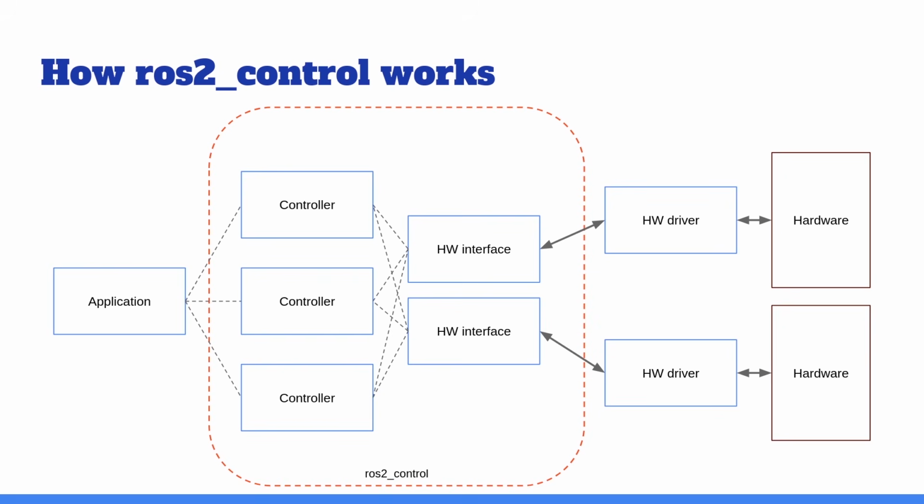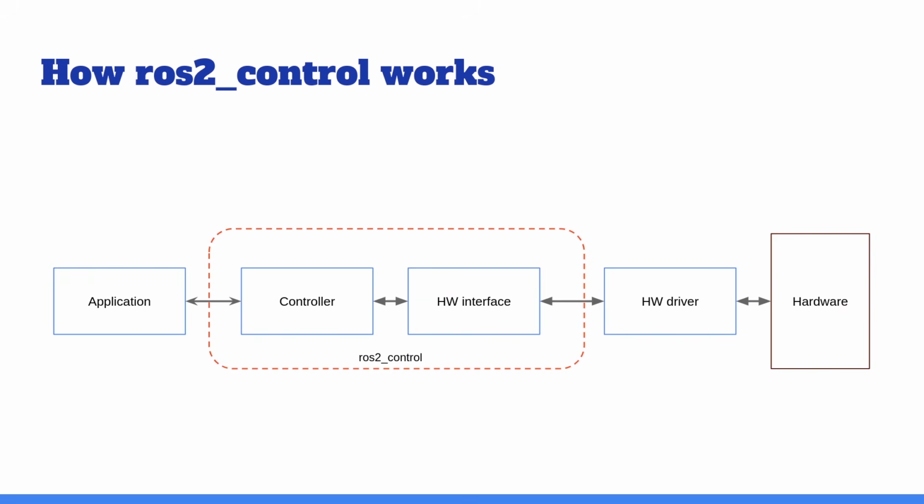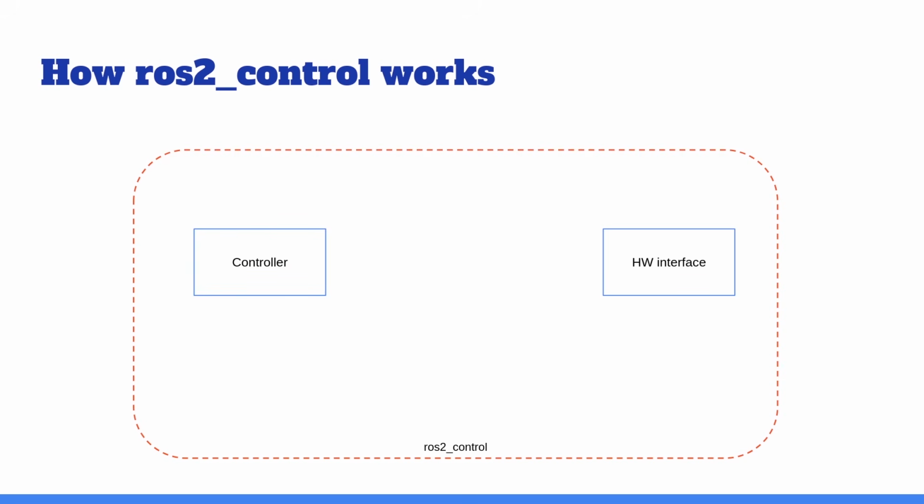But to get started, let's come back to this, which is already complex enough, and let's try to understand this first. Now, to understand this ROS2 control box, I'm just going to zoom in. As I told you, we have a controller and we have a hardware interface. How this is going to be connected together is we're going to have, in ROS2 control, what we call the controller manager.